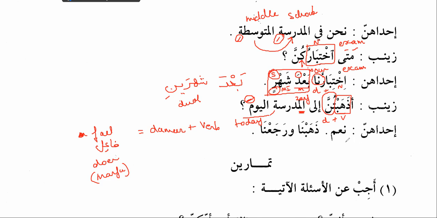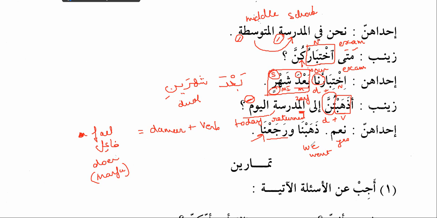إحداهن says نعم ذهبنا. We went. Yes, we went. ورجعنا. What is the verb here? رجع, return. And with the damir, the position of the damir is fa'il. So what will be the translation here?